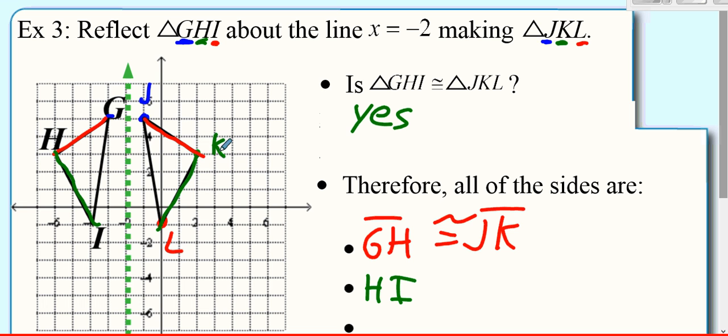We started with H, we got to start with K. And then the last side would be GI. We started with G, so we're going to start with J and go to L.